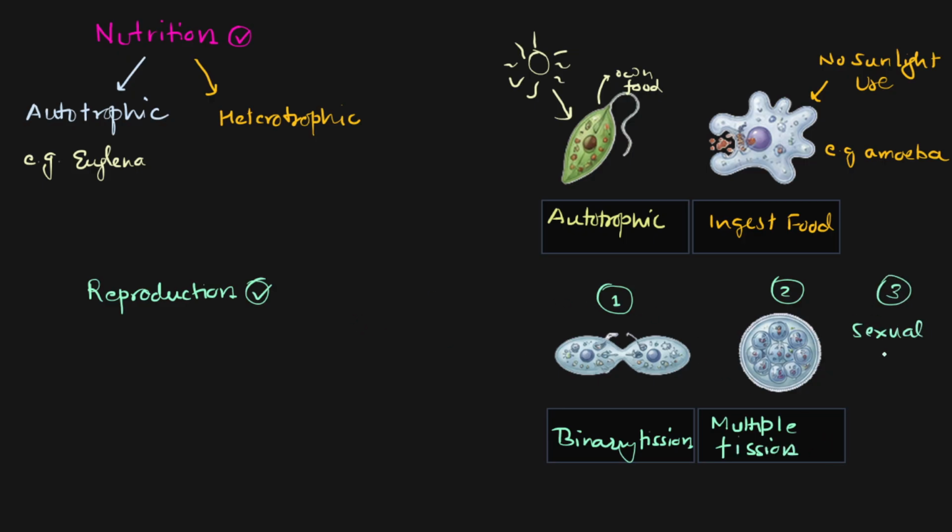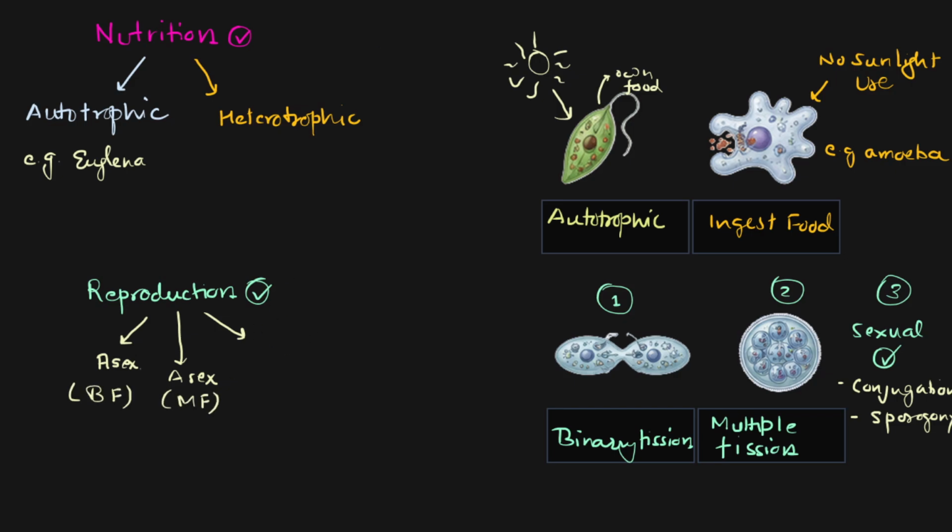In sexual reproduction you have various ways like conjugation and sporogony. It's something that we'll discuss in later videos. So in reproduction, I'm going to write it again. Asexual reproduction, you have binary fission: the cell is going to split into two cells. You have multiple fission: so many organisms coming from only one organism. Then you have sexual reproduction, which is sporogony.